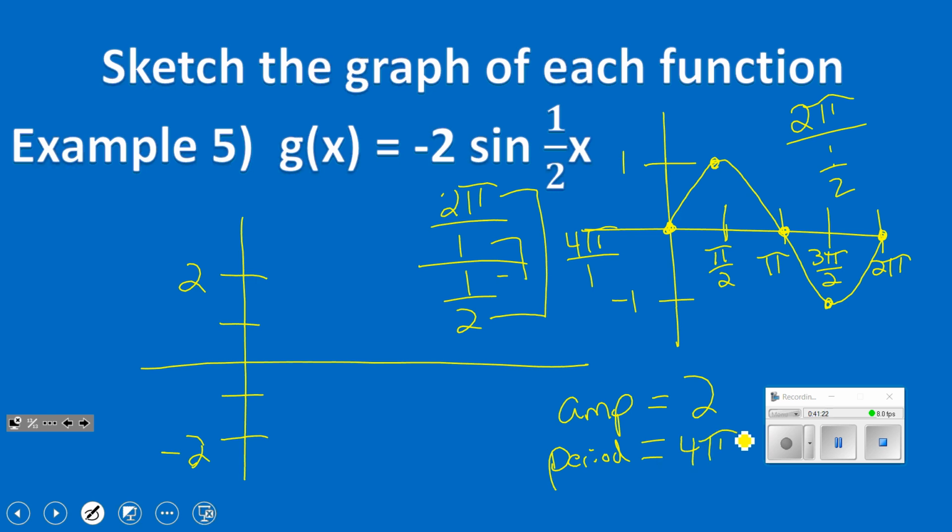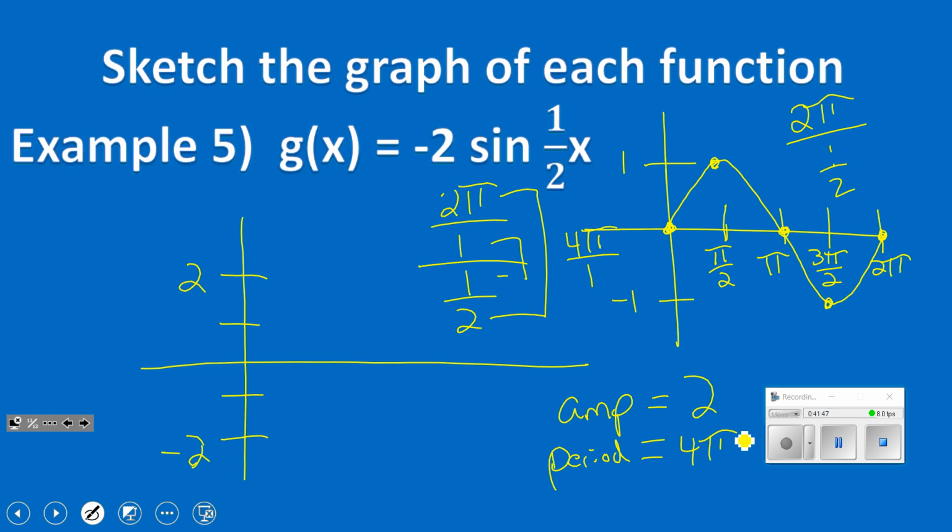Am I expanding it or compressing it? Normally I do one complete wave from 0 to 2 pi, but this time I'm going to do one complete wave from 0 to 4 pi. So what's happening to my little wave? I'm stretching it out. Does that make sense? It's going to get fatter.